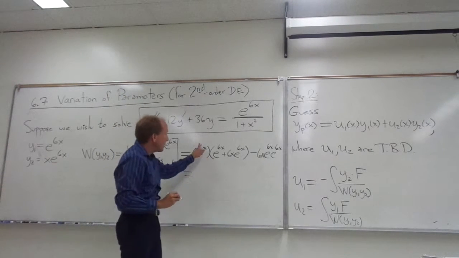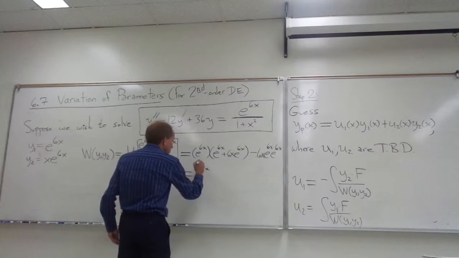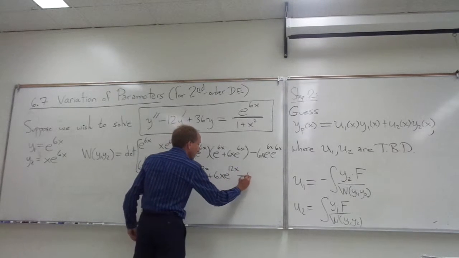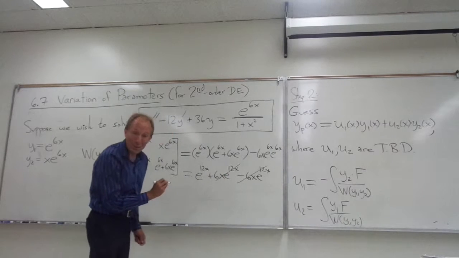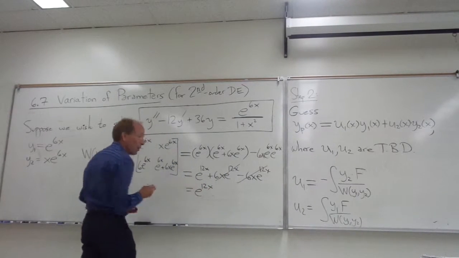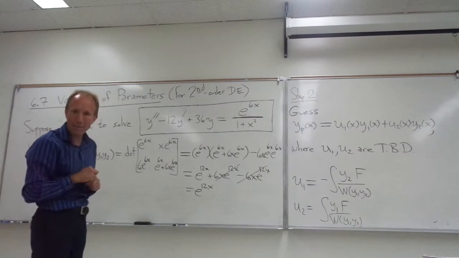Of course, e to the 6x times e to the 6x is just e to the 12x. So I'm just going to multiply this out really fast. We're going to end up discovering here that almost everything cancels. The only thing that we have to keep track of is the e to the 12x part. Okay, so my Wronskian is e to the 12x.